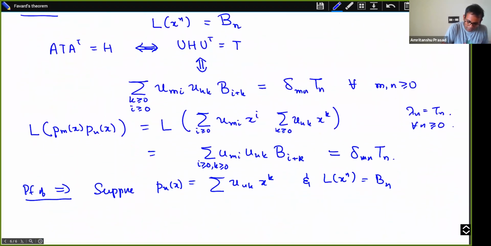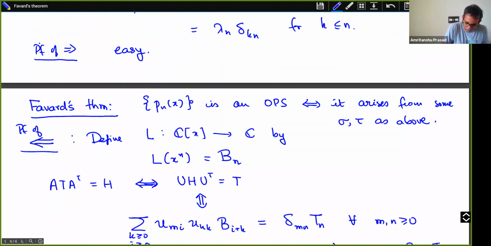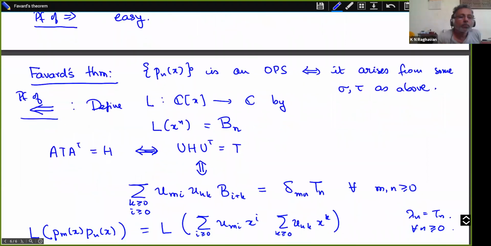So what we are assuming is that this is equal to this, but that's exactly the same as showing that L of P_m(x) P_n(x) is equal to delta_mn.